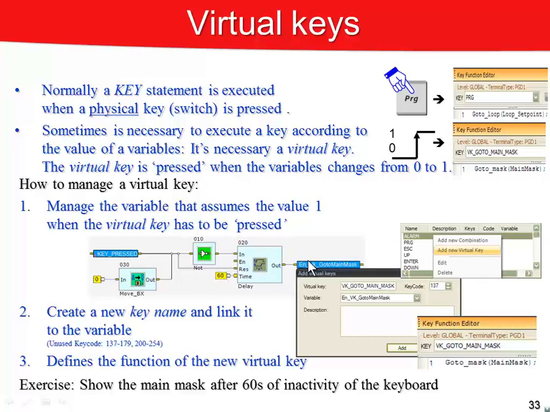If in this period you press a key again, key pressed becomes 1, which resets the timer, and so on. But I repeat, it's not important that it's clear now how these 3 blocks work. Anyway, you can take your time and study the blocks in order to fully understand how the strategy works.